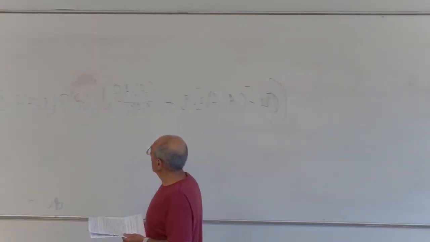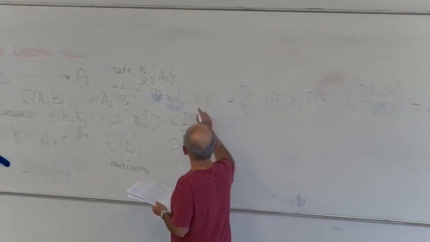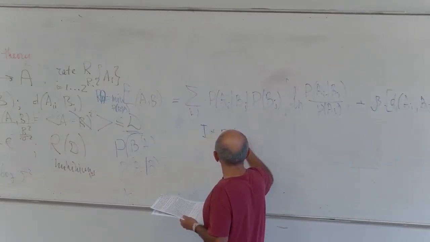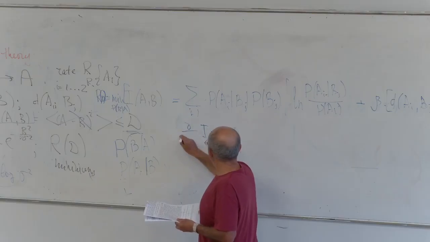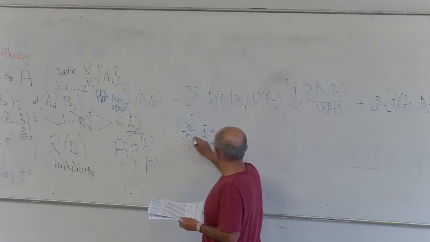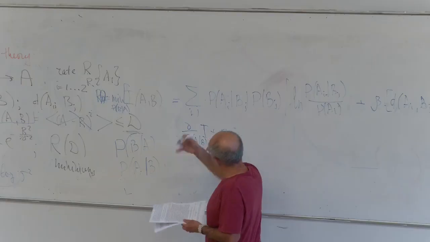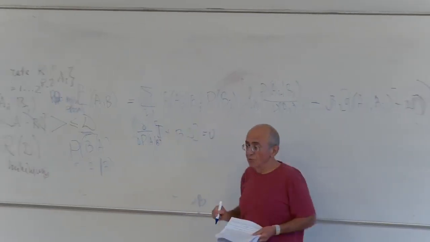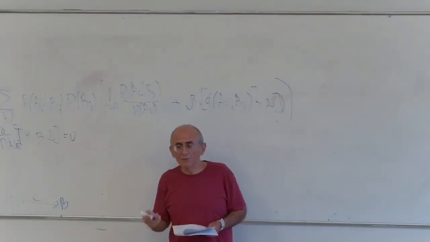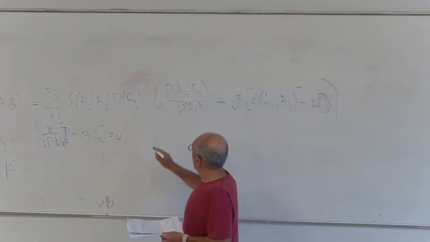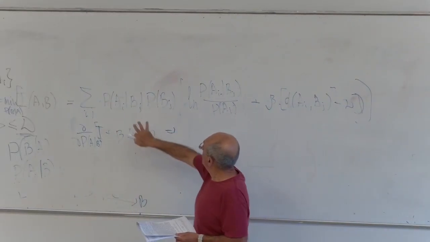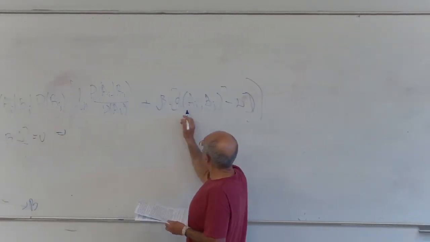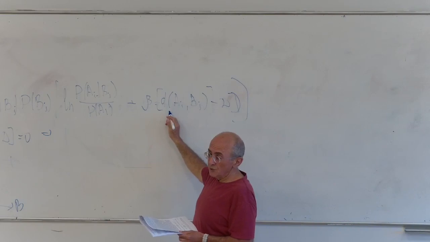Now, what I want is to take this I plus beta d, differentiate it with respect to the probability of A, B, or B given A, depending which you are looking for, and require it to be 0. That's a condition which would give me an extremum. And when you differentiate this, you find out that you get this plus this equal to 0.